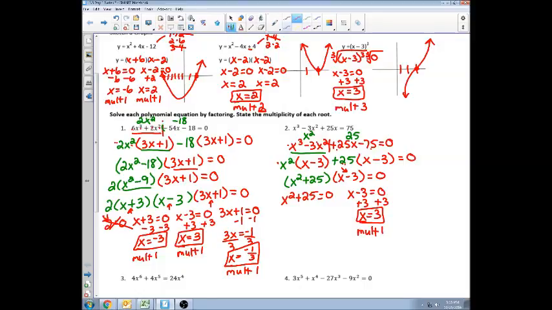For x squared plus 25, I need to get x alone, so I'll subtract 25 first. So x squared is equal to negative 25. Square root, so x would equal, what is the square root of 25? Well, the square root of 25 would be plus or minus 5. Remember when we did square roots before, though, if it's a negative, there's always going to be an i included.